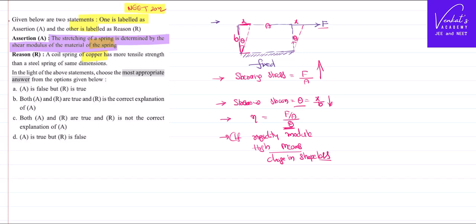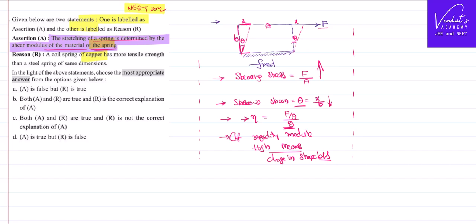So, it is true that the stretching of a spring is determined by the shear modulus of the material of the spring. How strong the spring is in protecting its shape is measured with its rigidity modulus. If the rigidity modulus is high, it is difficult to change the shape of that spring, and vice versa.